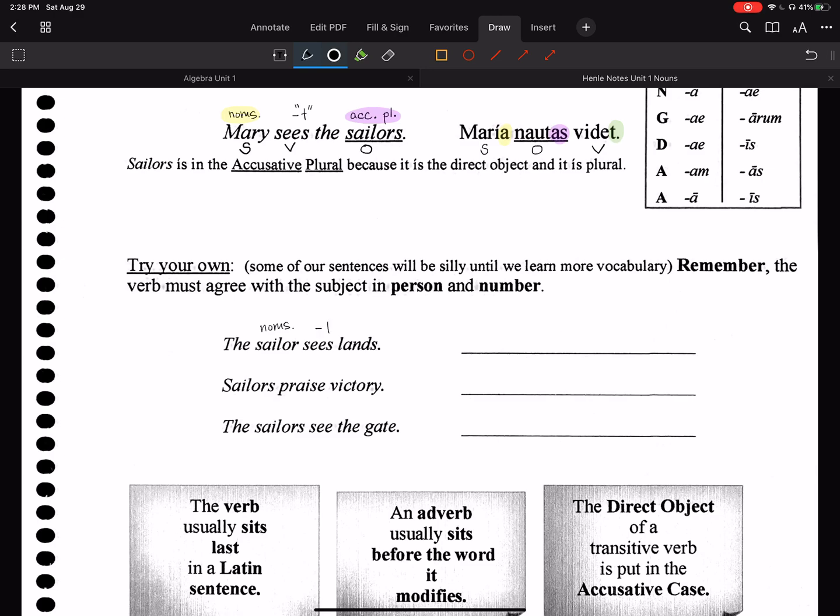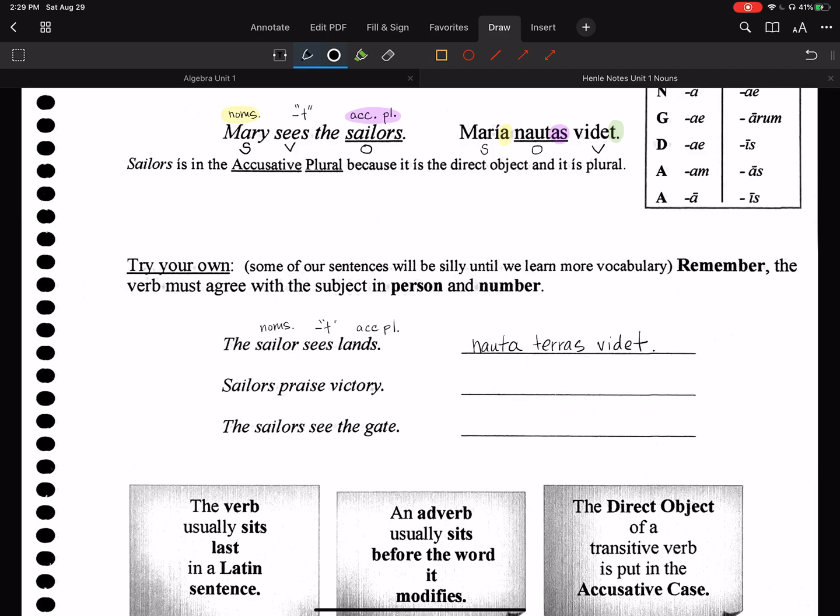He's singular, so it's T. And lands would be the accusative plural. So we end up with nauta, there's the subject. Now I need the object. Lands would be terras. And then sees is videt. Nauta terras videt.